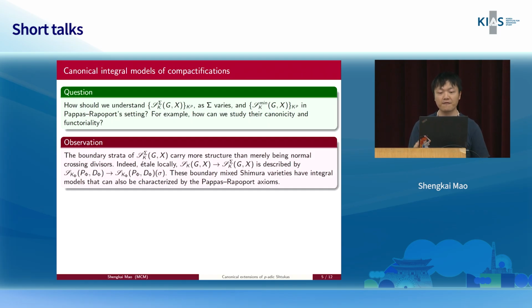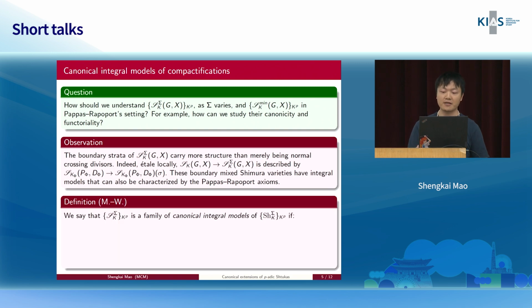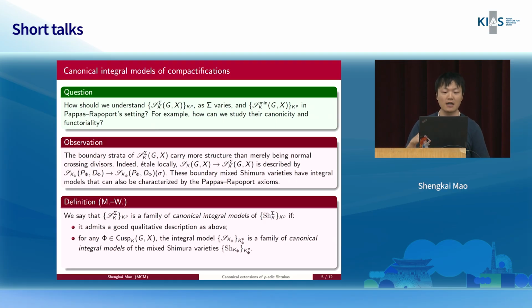So in our paper, we first define the notion of canonical integral model for mixed Shimura varieties. And then we define canonical integral models for toroidal compactifications, requiring first that they have a good qualitative description as the one summarized by Lan and Stroh. And then we require that for each cusp label, the mixed Shimura variety at the boundary should satisfy Pappas-Rapoport's axioms in a certain sense.